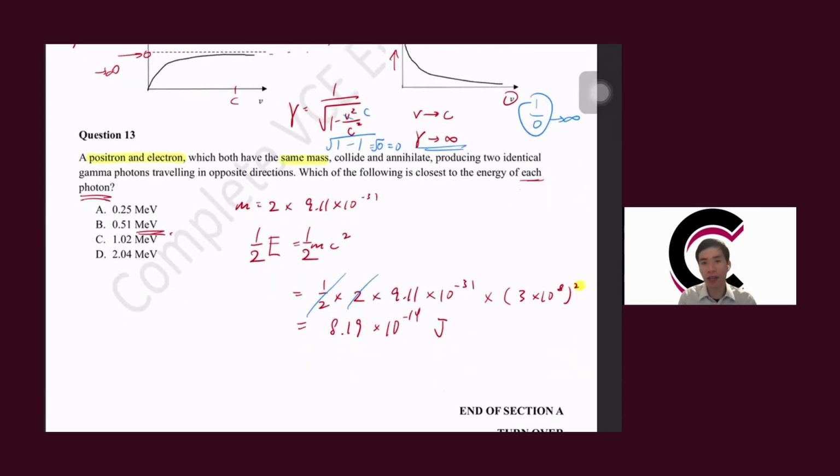I'm sure the schools have taught you some sort of shortcut to convert joules into mega electron volts. If they haven't done so, a simple trick is to simply divide by 1.6 times 10 to the power negative 19 first. That converts to electron volts. If you do that, 1.6.